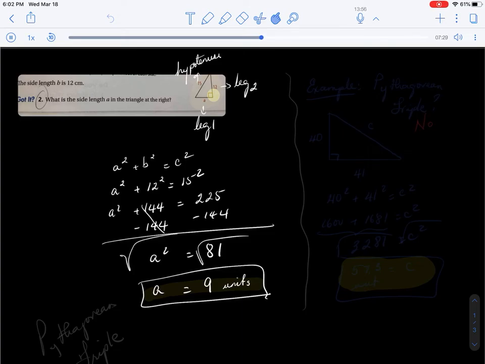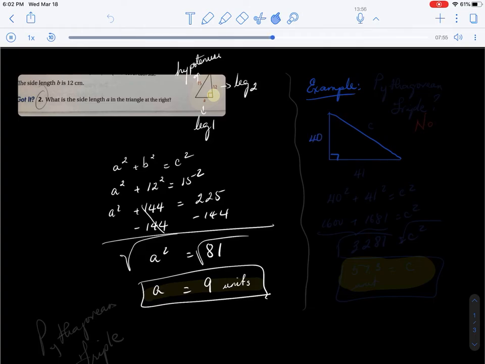Let's take one more example. Okay, let's say I have a triangle. Let's say I have A to be 40.